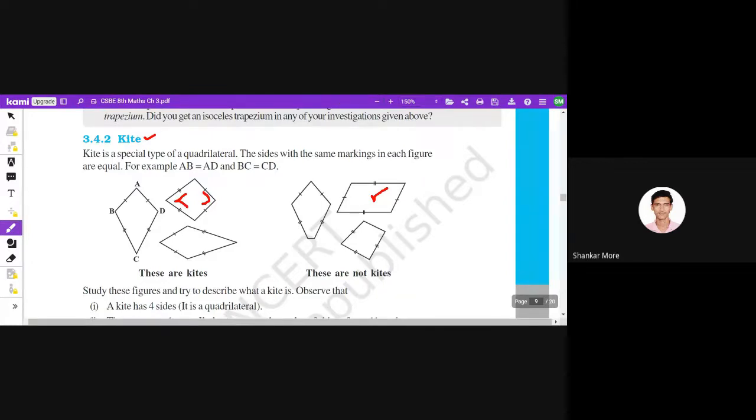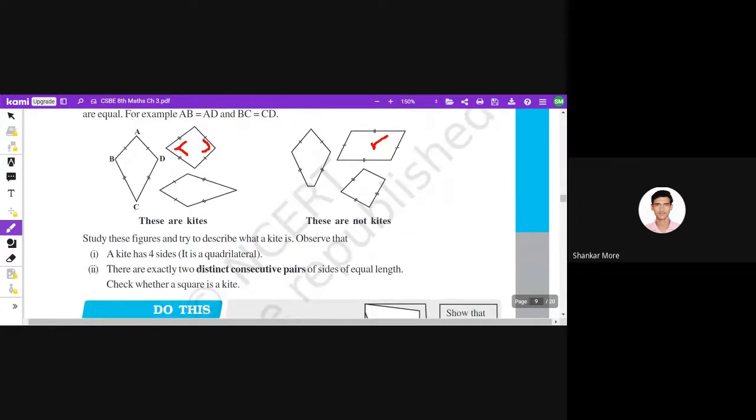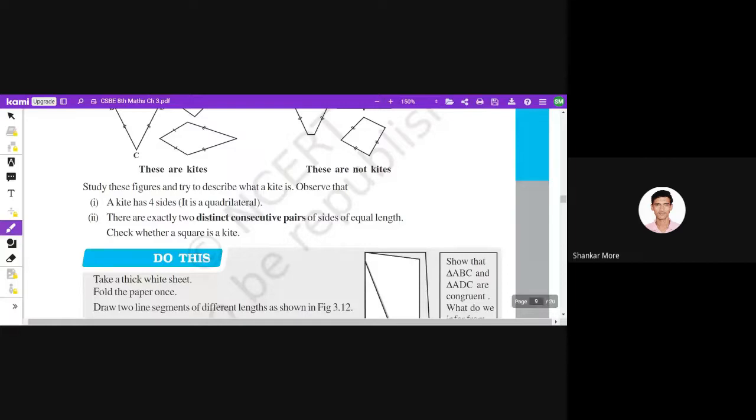Can anybody answer this? क्योंकि इस क्वाड्रिलेटरल की अगर हम बात करें तो इसमें दो साइड्स इक्वल है, राइट? तो दो साइड्स इक्वल है, but opposite sides are equal. ठीक है, opposite sides are equal. And for a kite we need to have two pairs where the adjacent sides are equal. ठीक है, तो ये एक पेयर हुई, राइट, and ये एक पेयर, मतलब दो पेयर से, and in both the pairs adjacent sides are equal, so that is a kite. Study these figures and try to describe what is a kite.